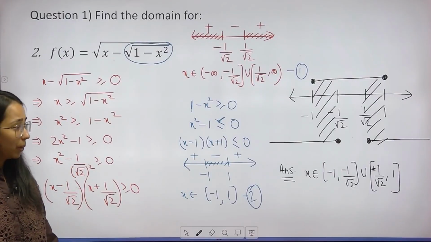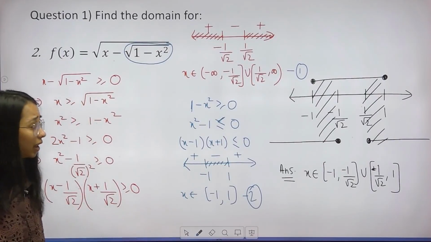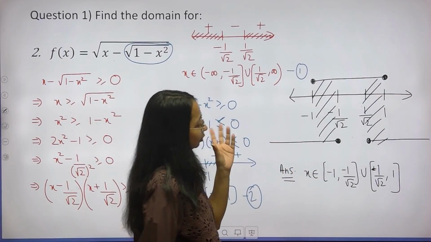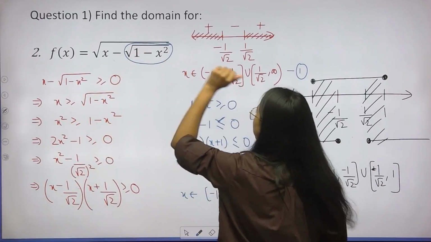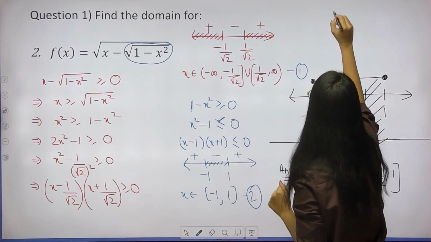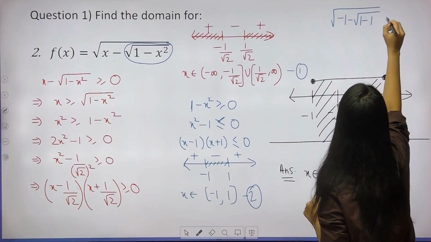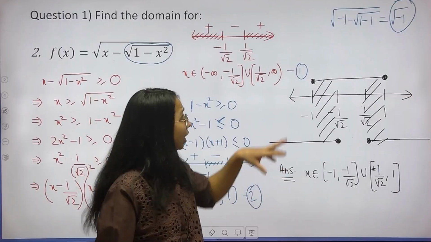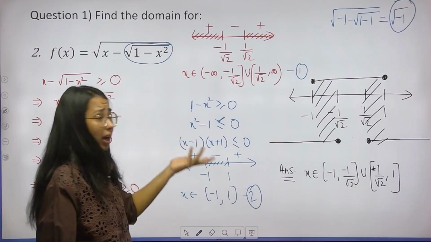But is this actually our final answer? No. Why? Here's one more catch. Let's take x any value between this. Let's say x is equal to minus 1. So let's put x equal to minus 1 over here. What do we get? We get minus 1 minus under root of 1 minus 1, which makes it under root of minus 1, which says that we have an imaginary term over here, but we can't take that.